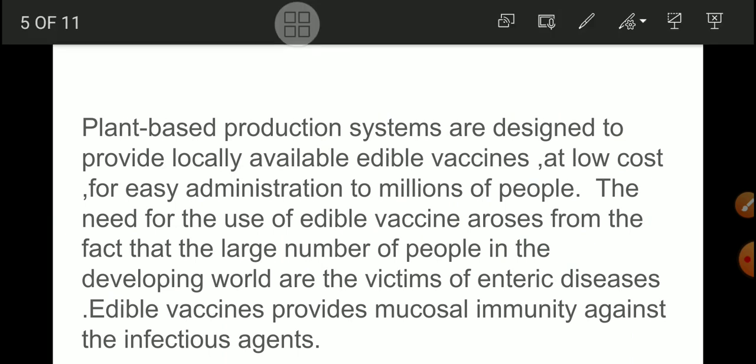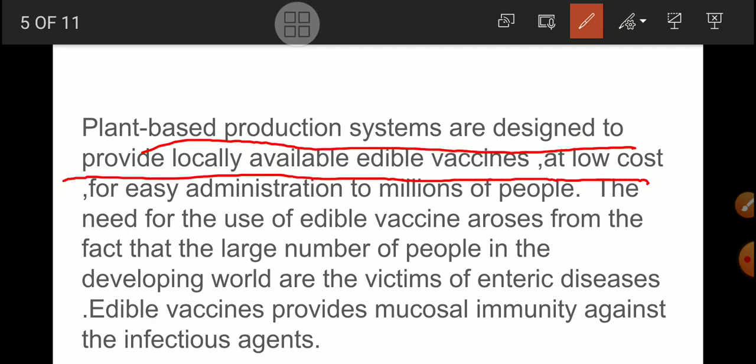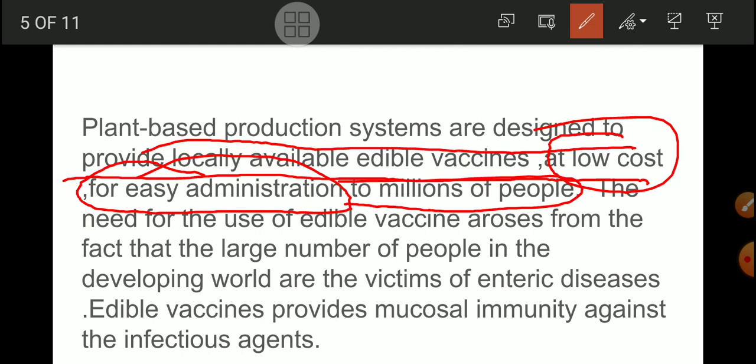Now another thing, my friends, is that plant-based production systems are designed to provide locally available edible vaccines at low cost for easy administration to millions of people. Now our country, our government, our agencies, are running behind to give a dose of Covaxin or Covishield to everybody in our country.